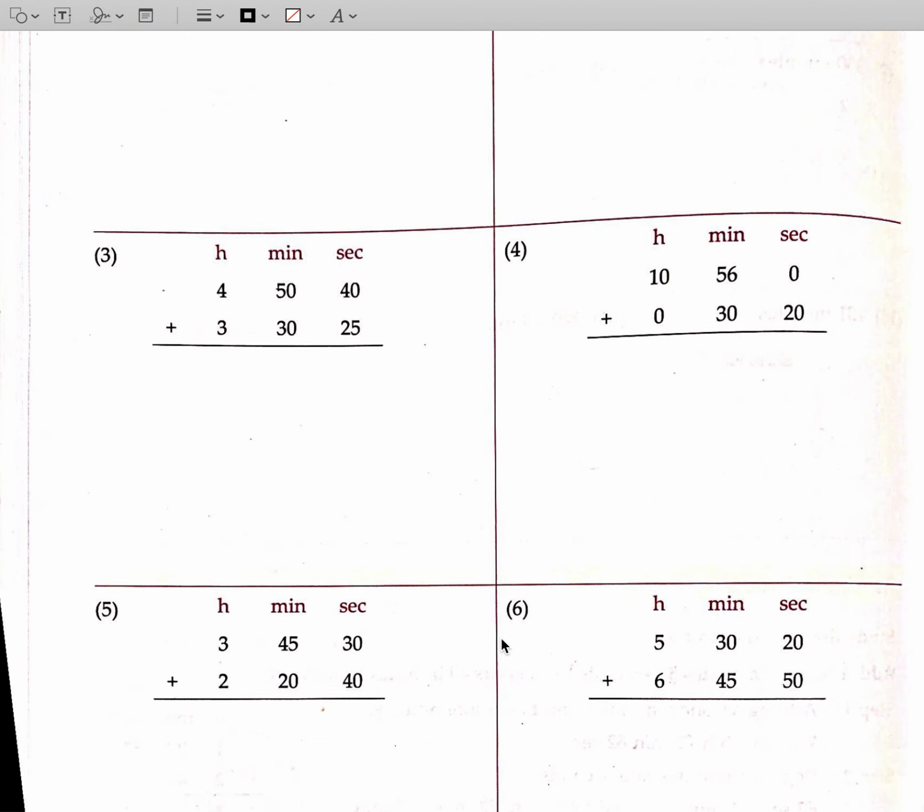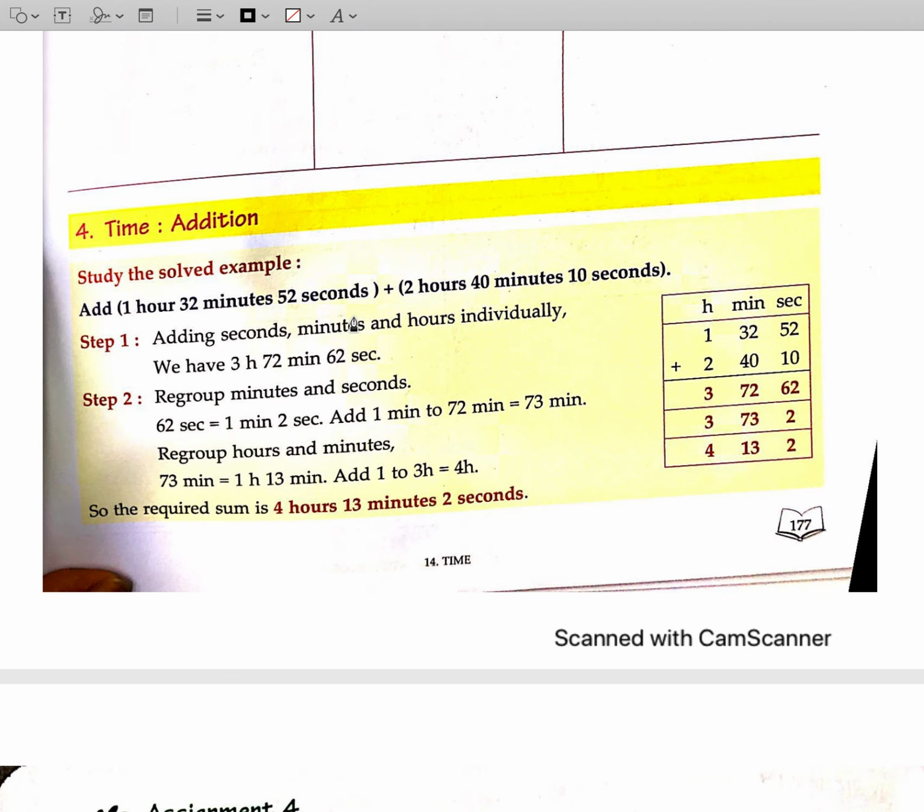Now we will do addition, and in the next video we will continue with the other three, subtraction, multiplication, etc. So here let's add. First, when we have to add hours, minutes and seconds together, we need to write them in separate columns like hours, minutes and seconds. So here we will add 52 plus 10 seconds, and here we get 62.